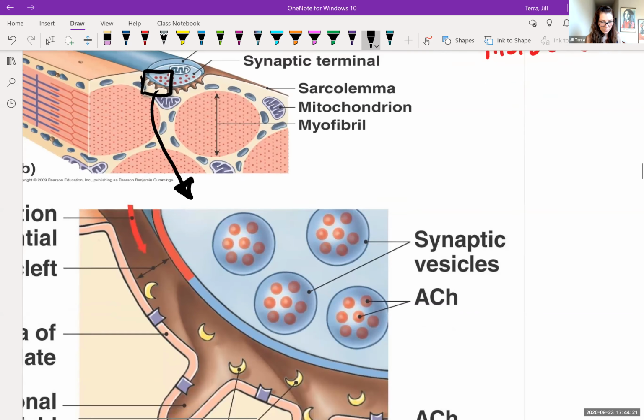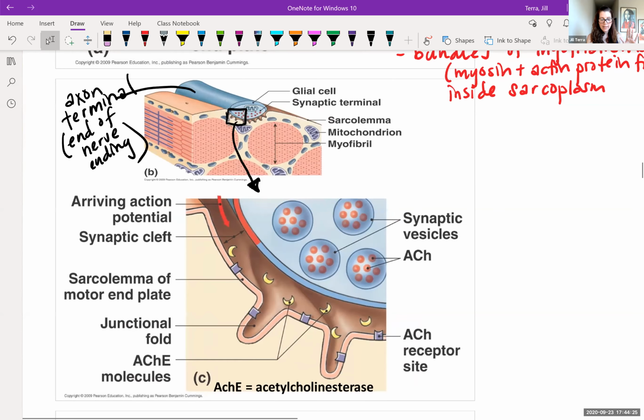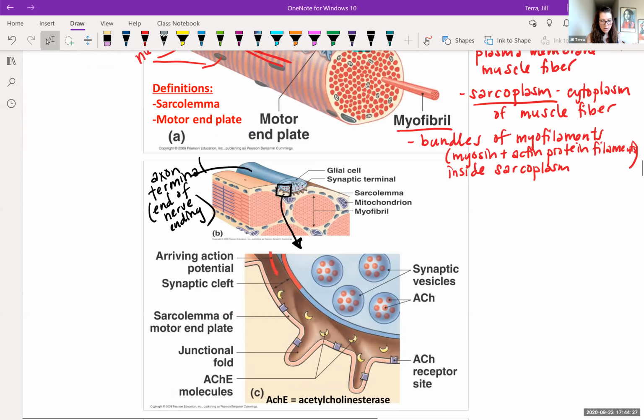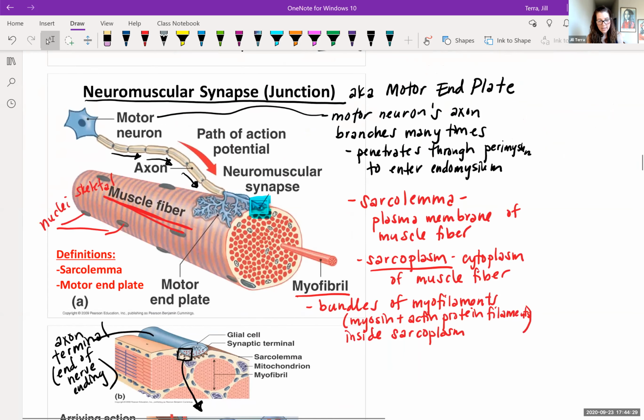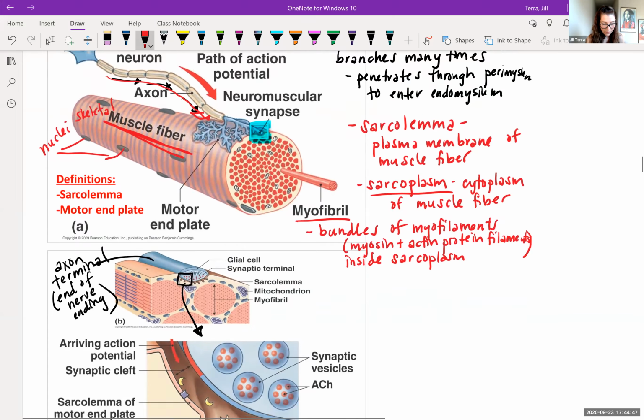All right, so now what's happening, remember, let's go back for a second. The electrical signal that's fired from this motor neuron is traveling down this axon, just like you traveling to the airport to get to your terminal, all the way to the very end to get to this axon terminal.